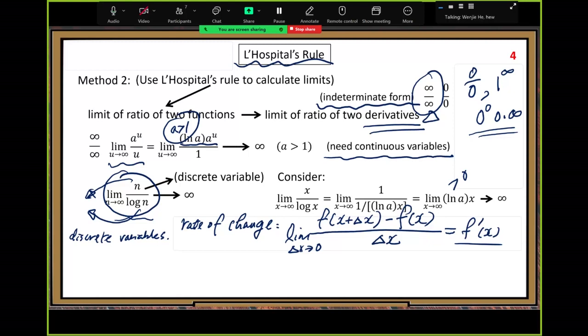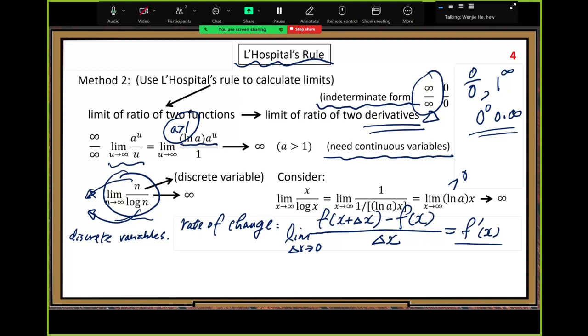To answer this question, we need to recall the definition of limit. What's the definition of limit? Recall a little bit. Approaches, right?